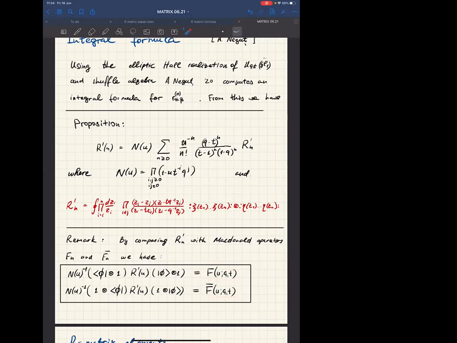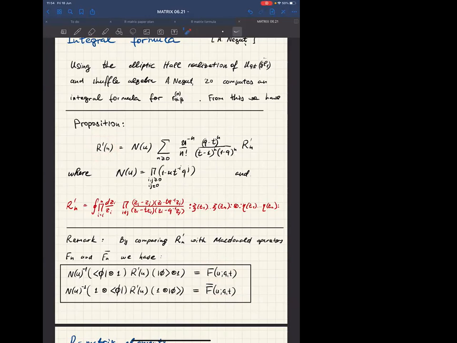And based on this, we can relate the expansion coefficients of these two operators in the power sums with the expansion coefficients of the full R prime.